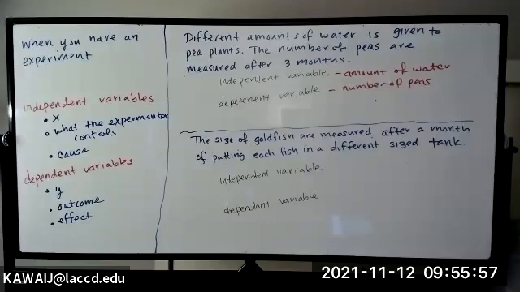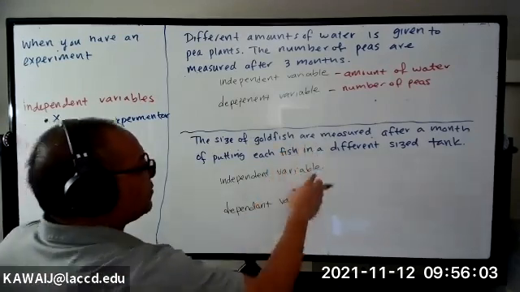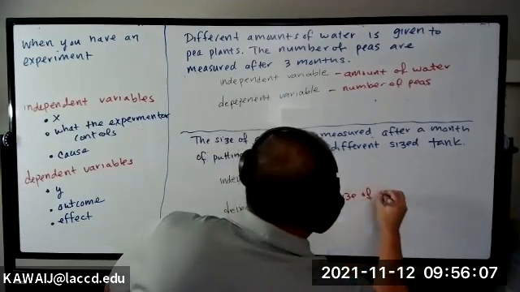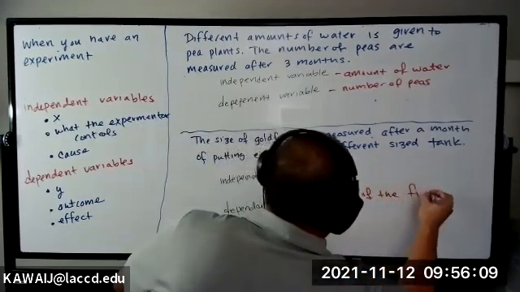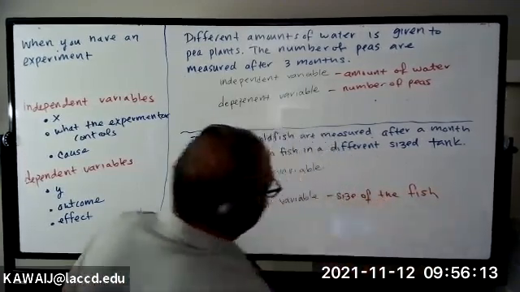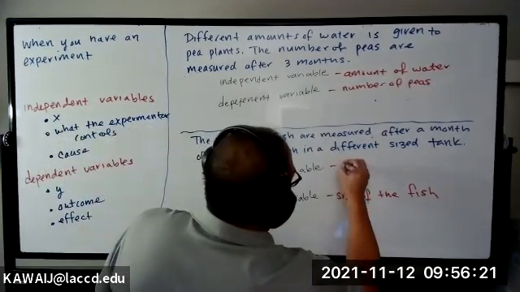So the thing that we measure is the size of the fish. I can't control that. That's what I measure at the end. The thing that I do have control over is the size of the tanks.